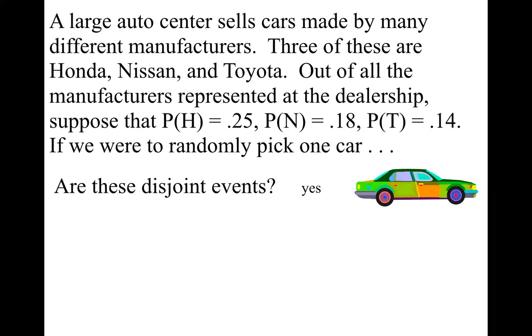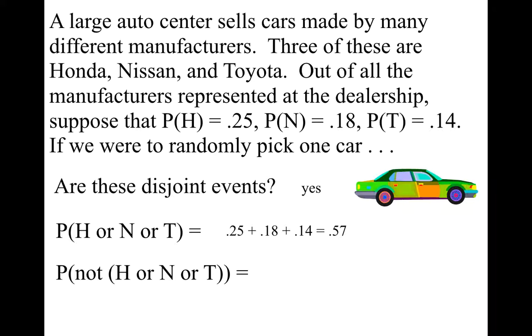Yes, they are. They are disjoint because you can't have both at the same time. It's either a Honda, a Nissan, or a Toyota. It can't be two of them at the same time. So we can add these together. The probability of Honda or Nissan or Toyota, we add all of these numbers together, and we get our probability at that dealer, 0.57.